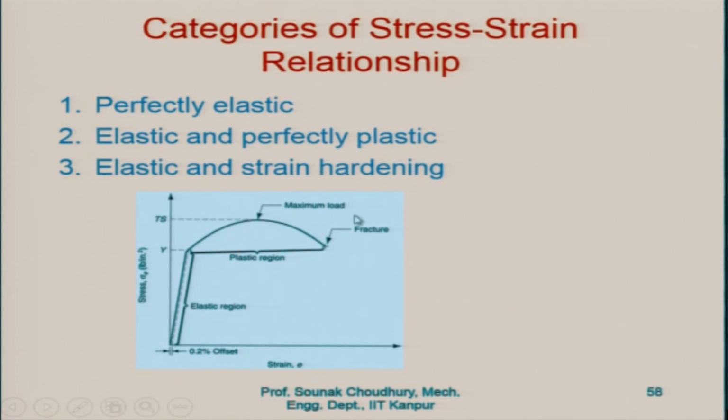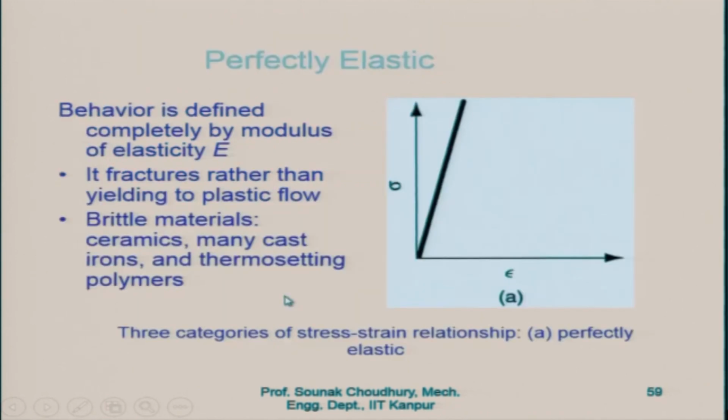By these categories we mean to say that if we take the stress strain relationship of a ductile material, in here as you understand that we have distinct three regions, okay. Perfectly elastic region, then we have elastic and plastic, a small region, and then we have elastic and the strain hardening, all right. Let us see perfectly elastic.